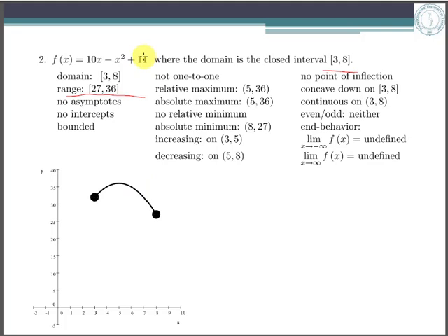So if we solve this equation, we can do x squared minus 10x minus 11, so 10x minus 11 is 0. So x1 is 11 and x2 is minus 1.